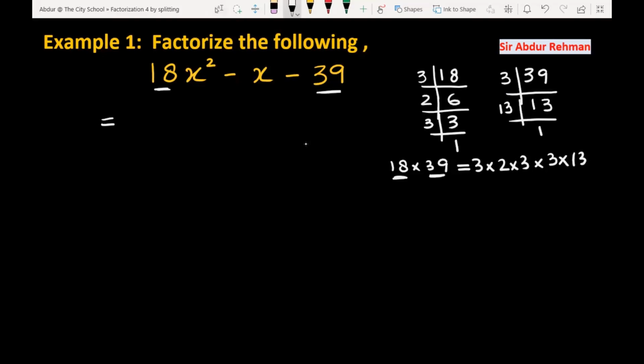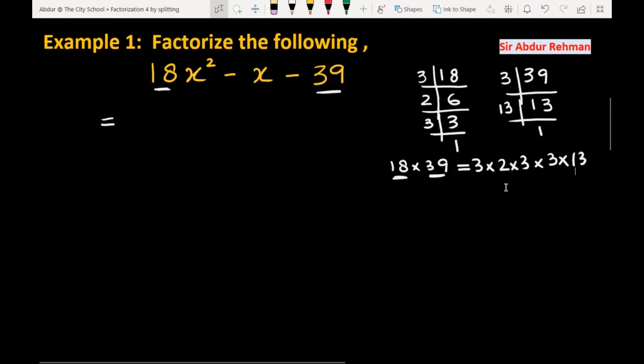So by trial and error method, you have to find the middle term. The middle term is 1x here. So you have to try to get 1 from the combination of these prime factors.